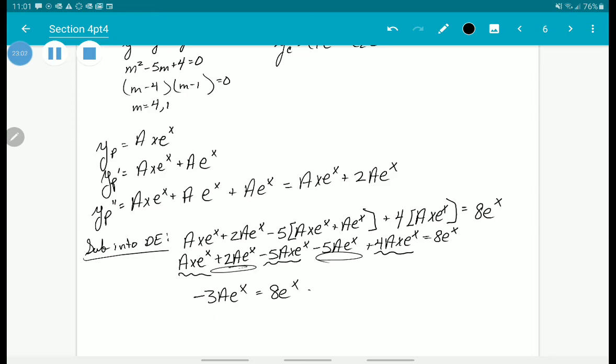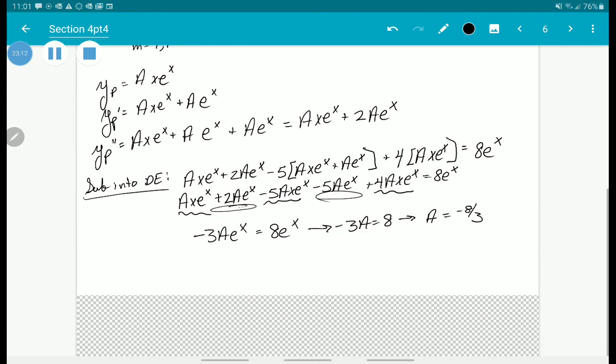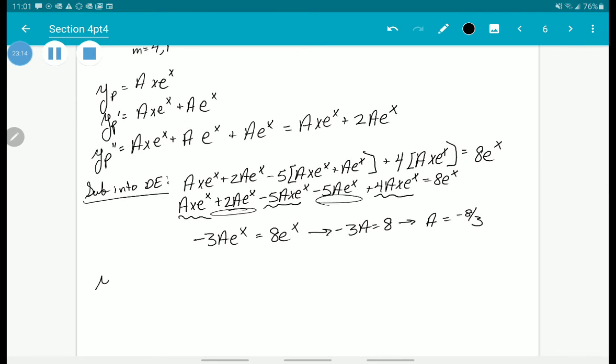So that means that minus 3a has to be equal to 8, which means a has to be negative 8/3. So it turns out our particular solution is negative 8/3 x e to the x.